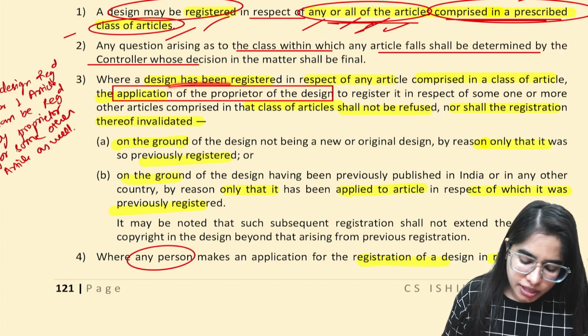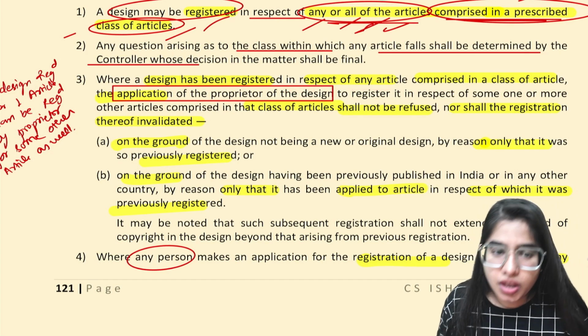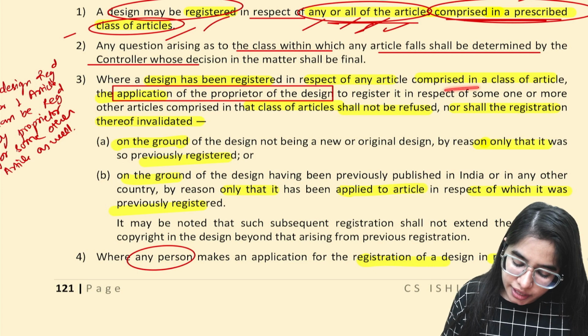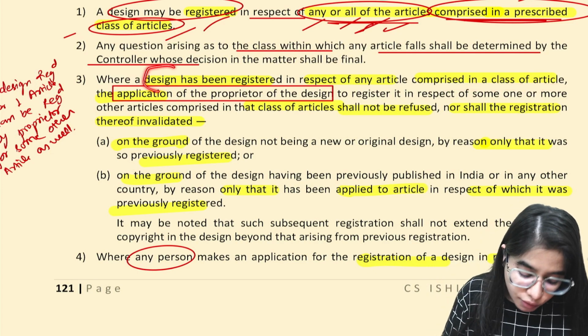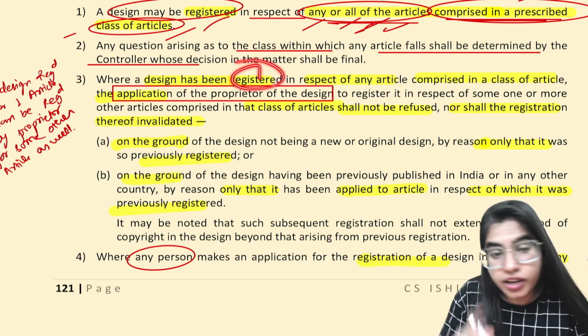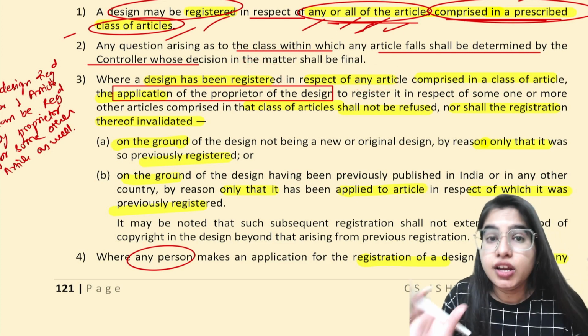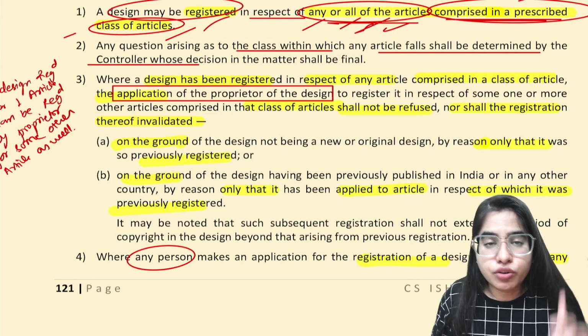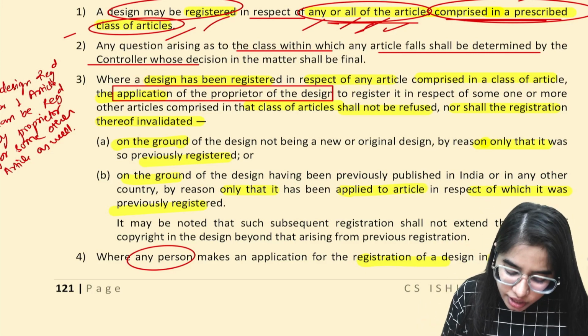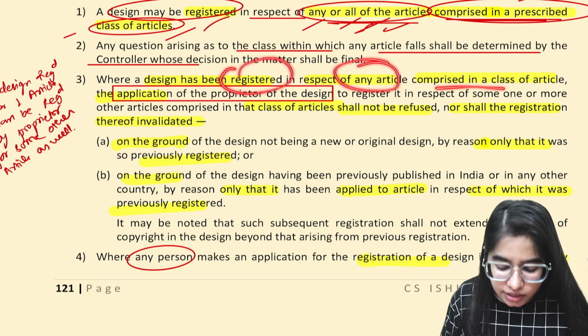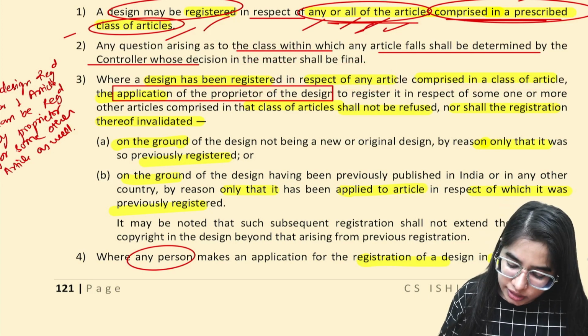So where an application has been registered in respect of any article comprised in a class of article, listen very carefully. If a design is already registered in respect of any article, let's say that shape is registered for a Coca-Cola bottle, are we clear with this? Any design is registered in respect of a particular article comprised in a class of article.